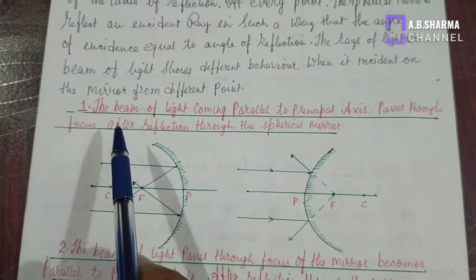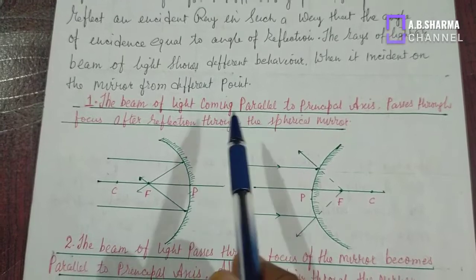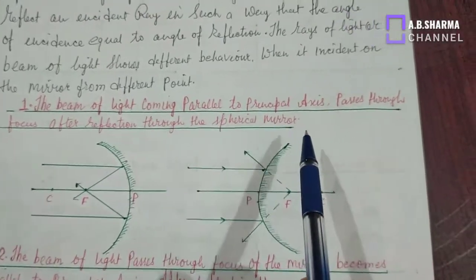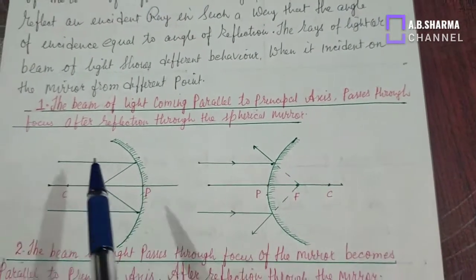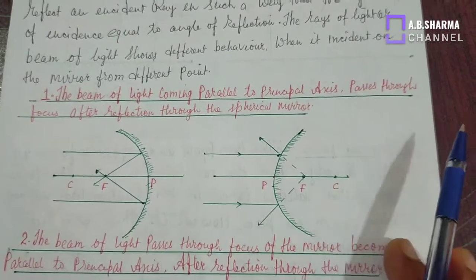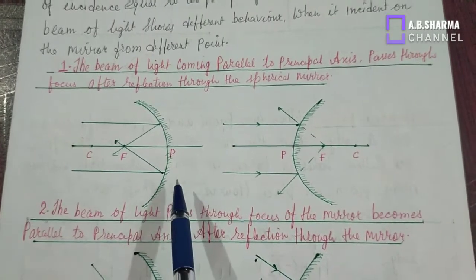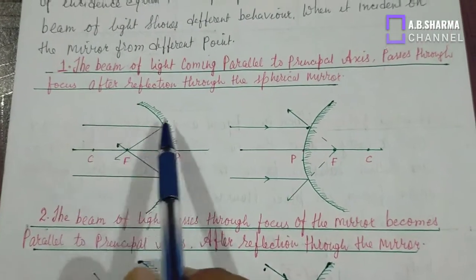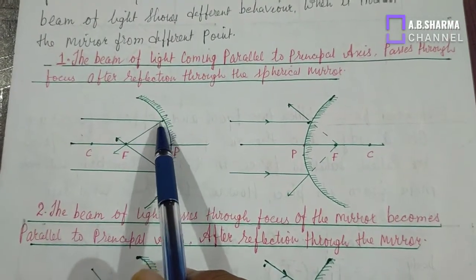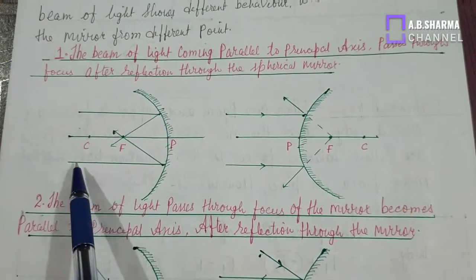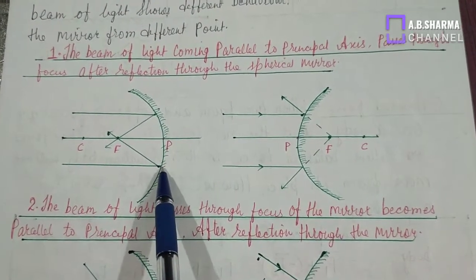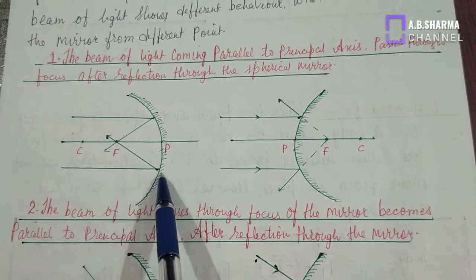It is written that the beam of light coming parallel to the principal axis will pass through the focus after reflection. See, these are the beams coming parallel to the principal axis, incident on the mirror and then passing through the focus. Means when light rays come parallel to the principal axis, they will pass through the focus after reflection.